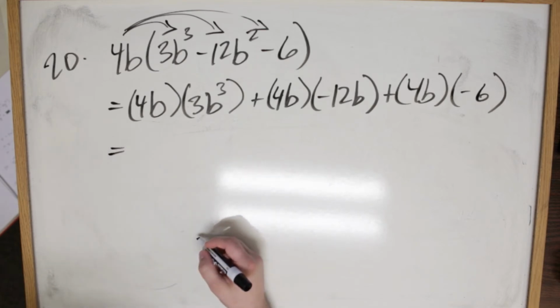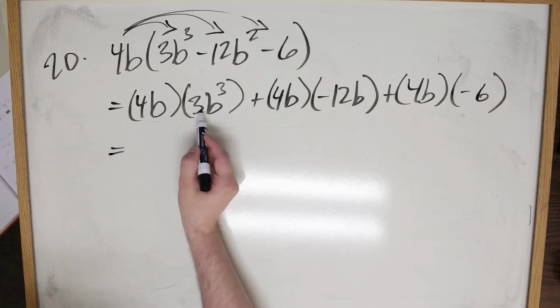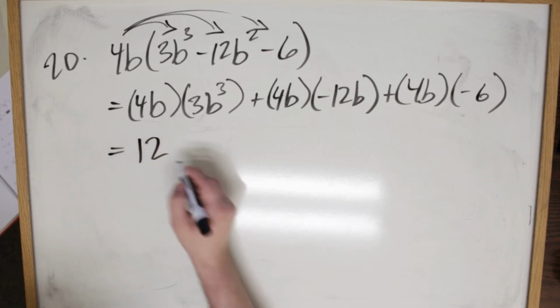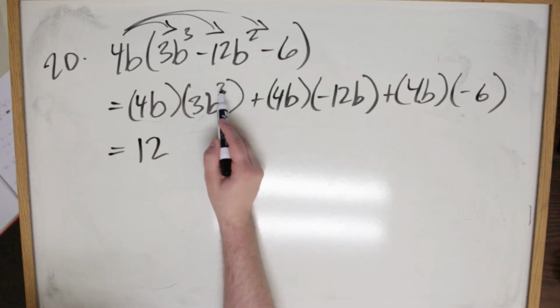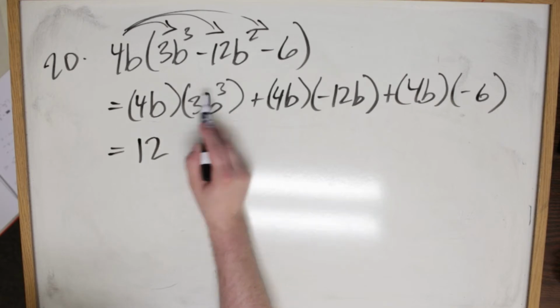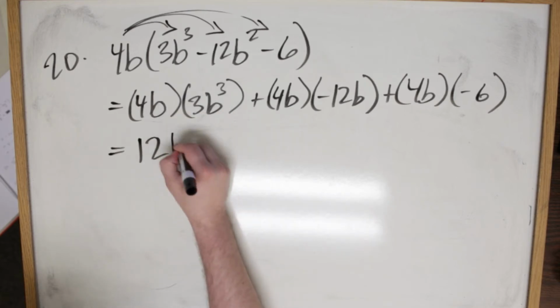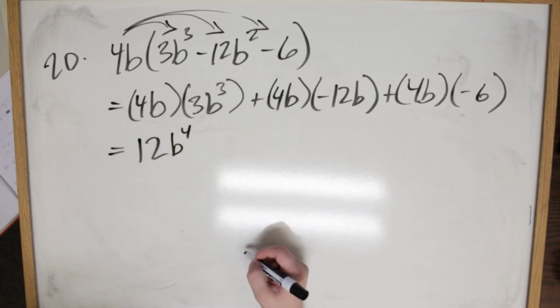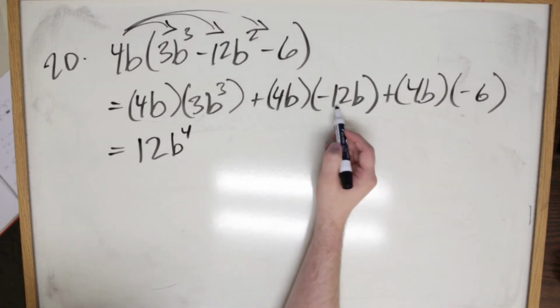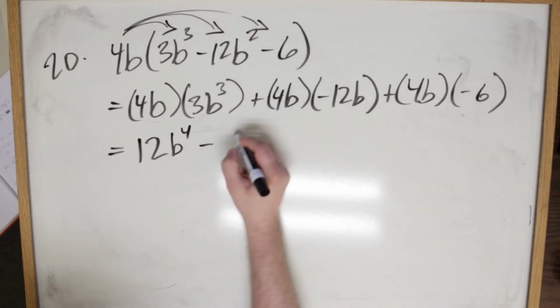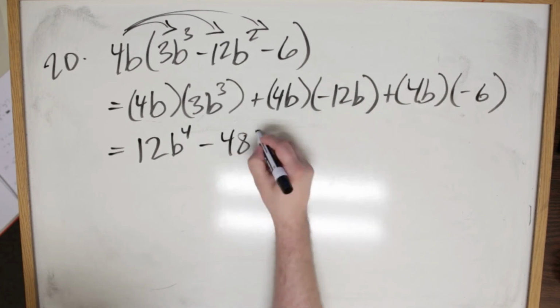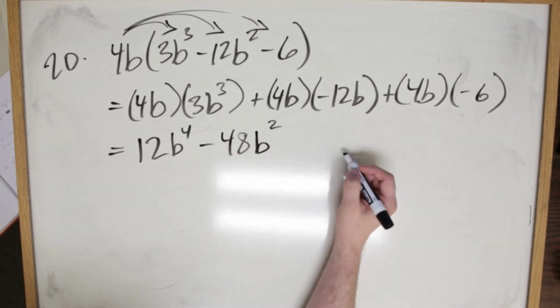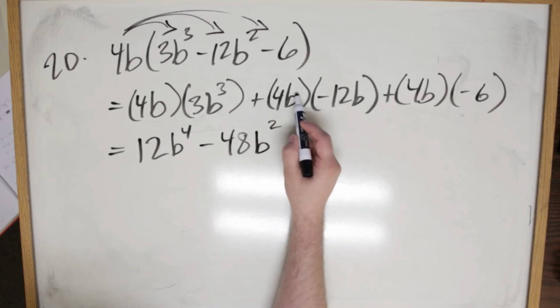So now let's work on our multiplication. 4 times 3, this is going to be 12. B times b to the third, remember I add the exponents together, so 3 plus 1 is going to be b to the fourth. 4 times a minus 12 is going to be a minus 48. B times b is going to be b squared. You can think of just b as b to the first.